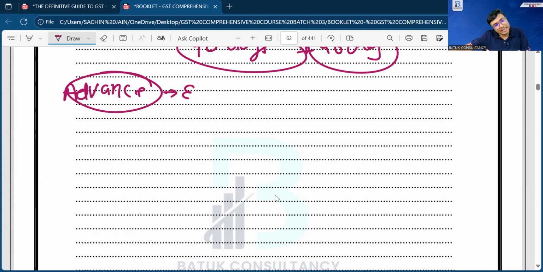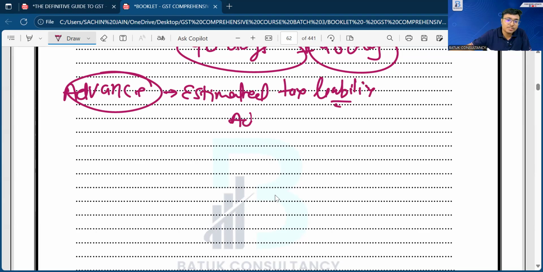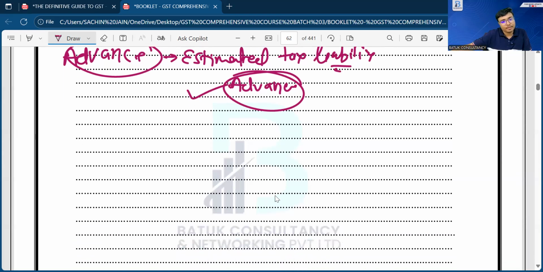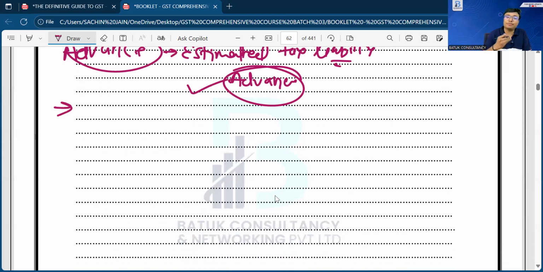They are saying that your estimated tax liability should be deposited in advance. Now, that is the concept of casual taxable person and non-resident taxable person.